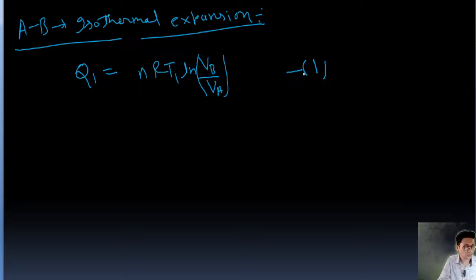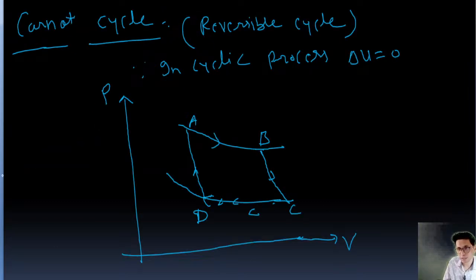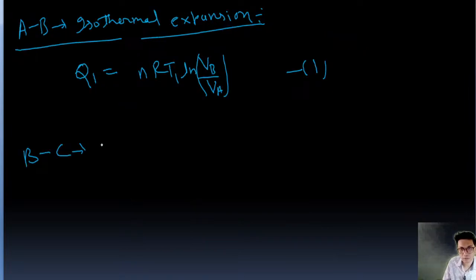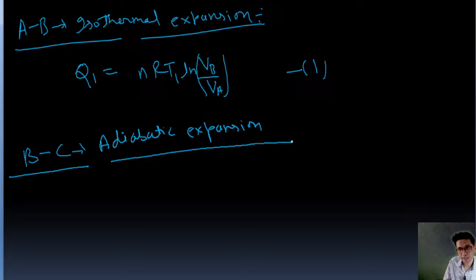This is equation number 1, an important one. Next, from B to C, that is adiabatic expansion, right? B to C, adiabatic expansion.